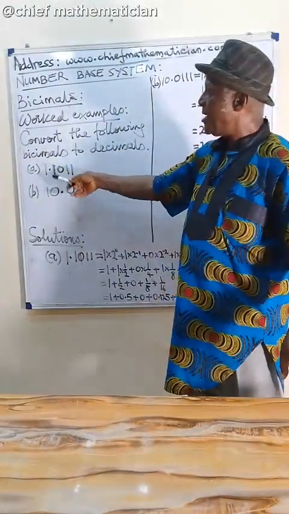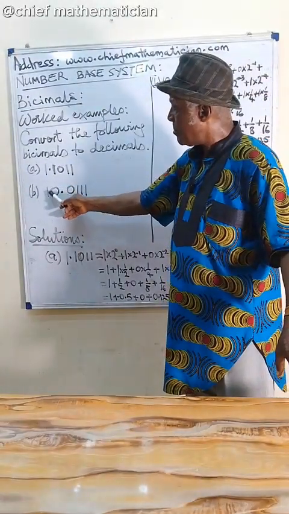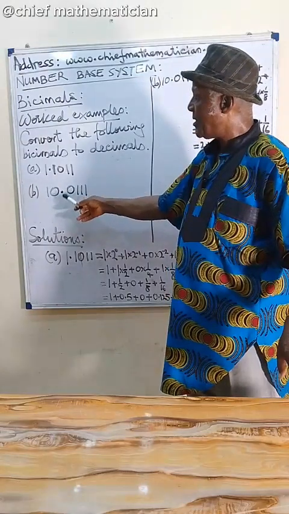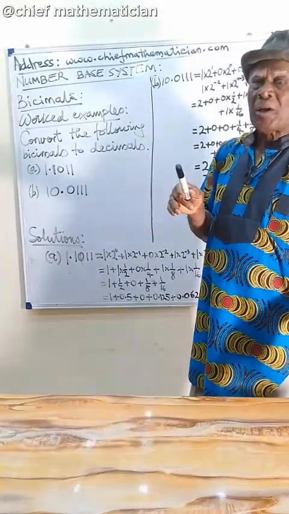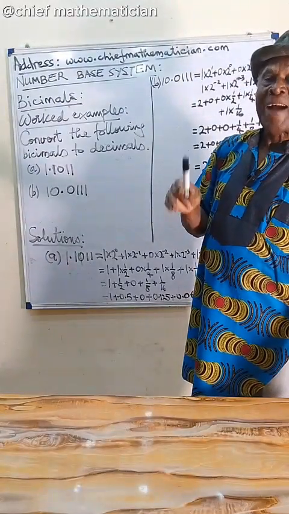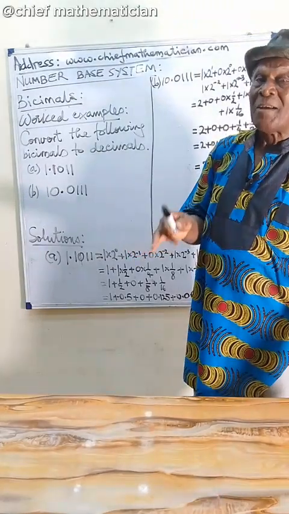A: 1.1011. B: 10.0111. I want to caution here that we have to be careful the way we read numbers when we come to number bases.